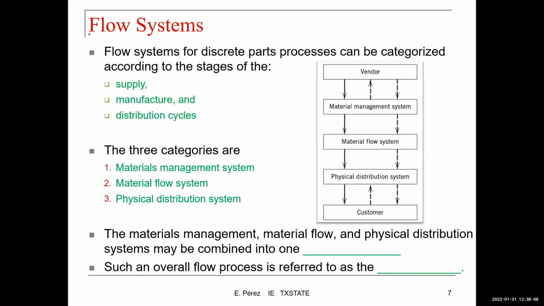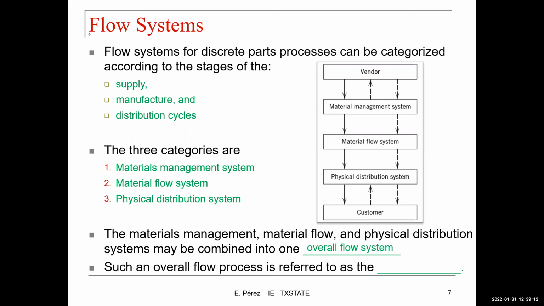So the materials management, material flow, and physical distribution system might be combined into one overall flow system. And that overall flow system is represented here in this first figure. But we know that inside each of these categories, there's a lot of things happening. Right? I'm going to look at those now.